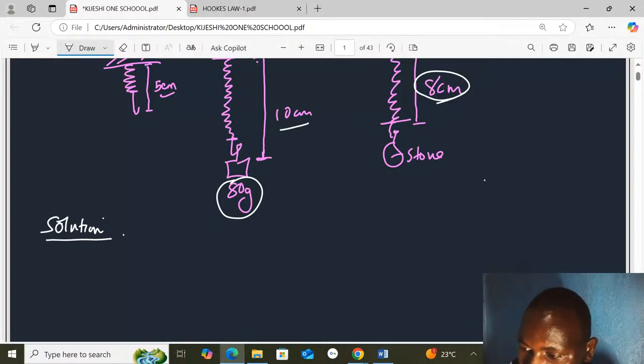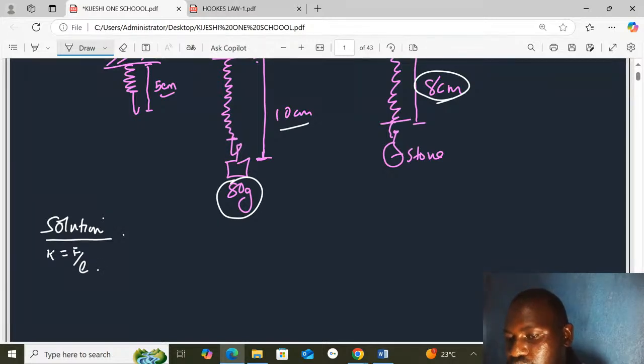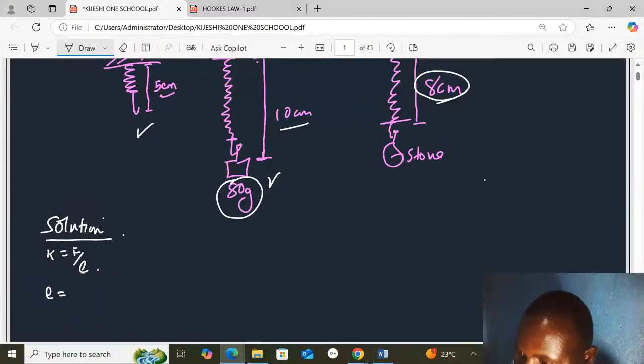We all know that spring constant is given by force over extension. Therefore, let's use the spring when it is having no mass and when it is having a mass. We'll say that our extension here will be 10 centimeters minus 5 centimeters, and this one we arrive at 5 centimeters.